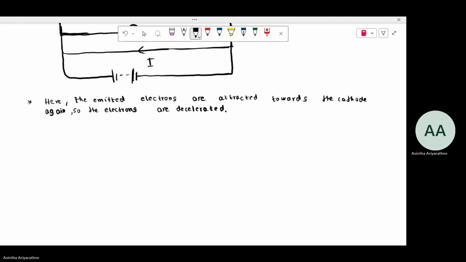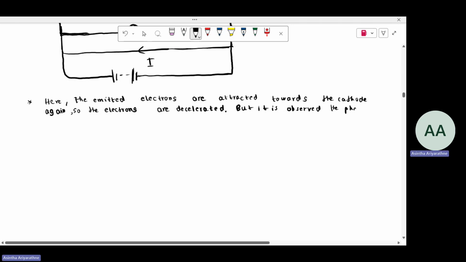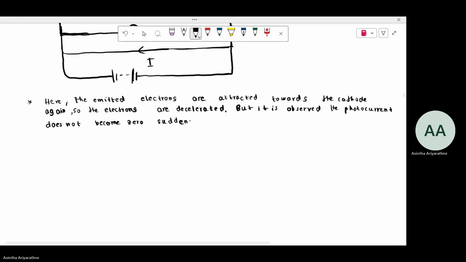But it is observed that the photocurrent does not become zero suddenly.